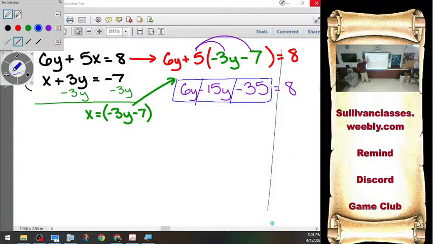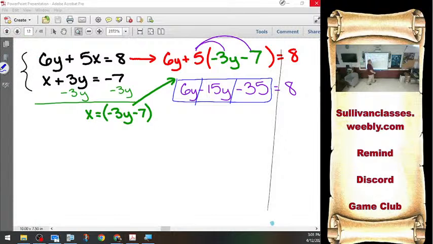So what's 6y's minus 15y's? Negative 9y minus 35. If she's mad, don't point it out. She's going to hit you. Oh, I mean, that's right.